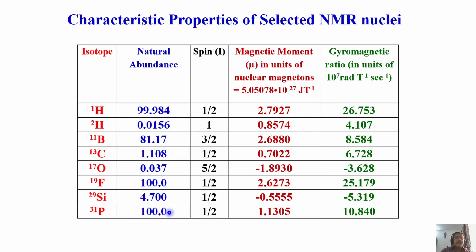Of course, sometimes in biological studies and some other studies, phosphorus is also extensively investigated. Again, it is a 100% spin half nucleus, but you see, gamma is nearly 2.5 times smaller than that of proton. These are some of the interesting nuclei: proton, carbon, fluorine, phosphorus, and sometimes for inorganic molecules and others, you can study silicon also. No problems.